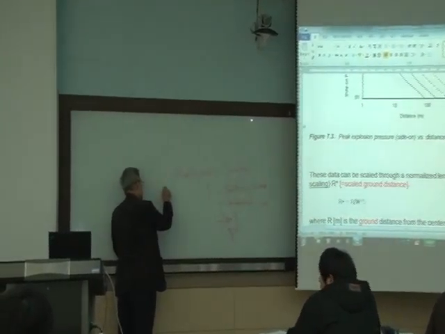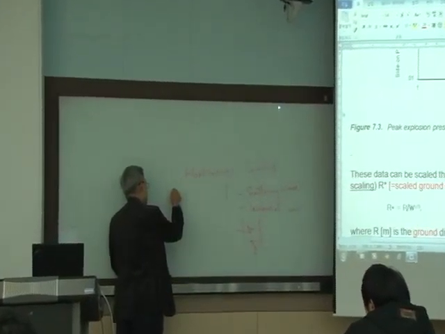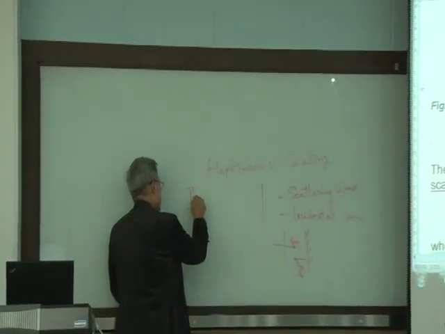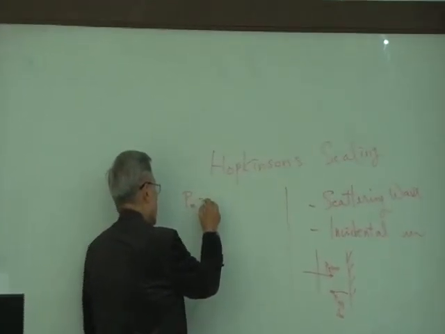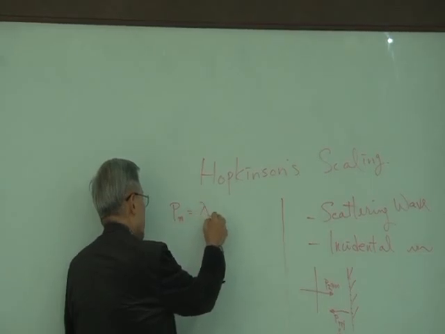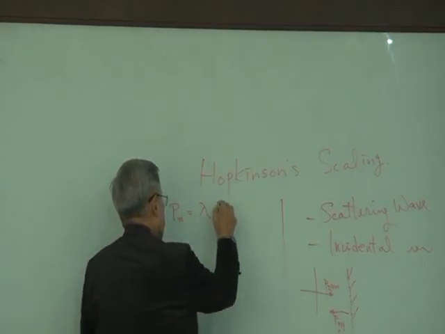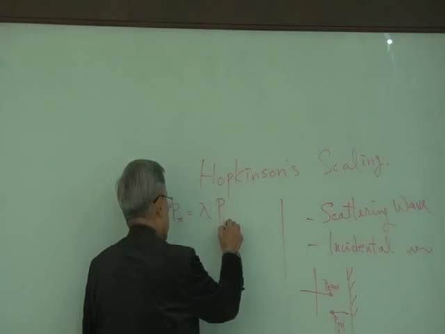Something like pressure, for example, for the model is lambda to the P prototype.